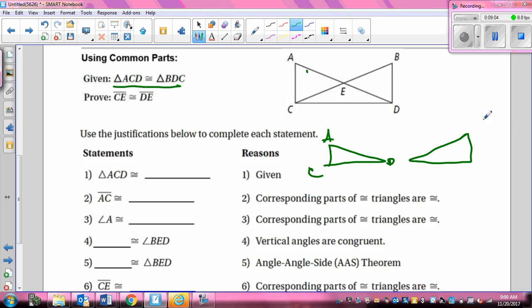It's easier if you separate them. So triangle ACD is congruent to triangle BDC, sorry. And that right here is given.